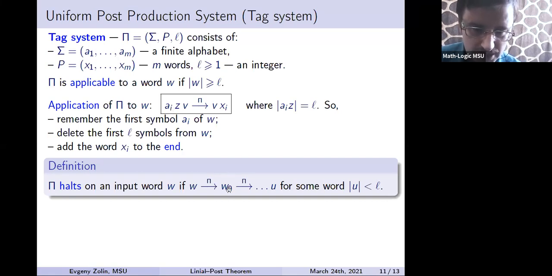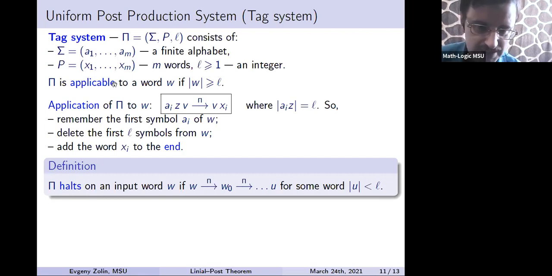The first result, W0, is unique, and the second is unique, so we simply transform this word step by step until we obtain a word of length less than L. For some words W, there will be a stopping point. For other words, the process will be infinite. So pi halts on the input W if this process stops after a finite number of steps.